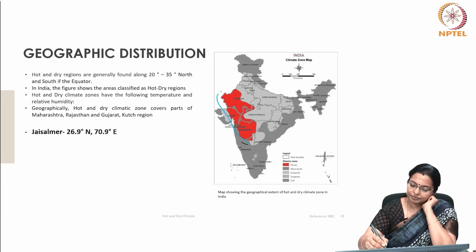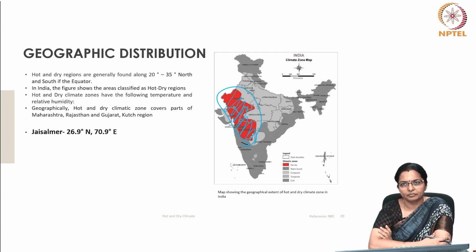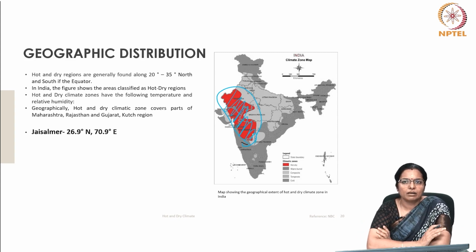In India, this zone is demarcated as hot and dry. So, hot and dry regions in India, they are towards the western side and they have the following temperature and relative humidity in general.